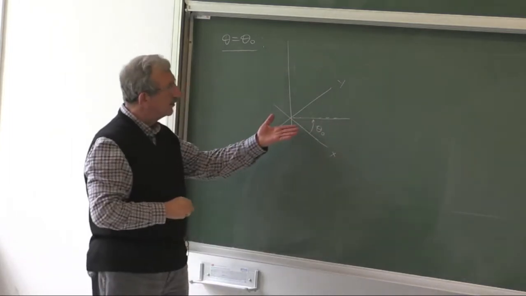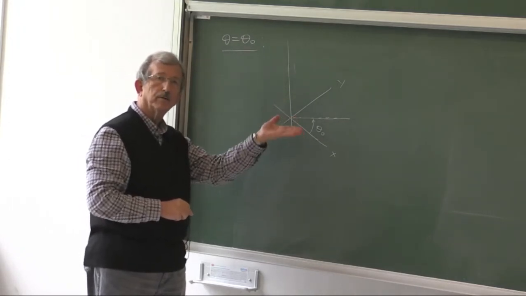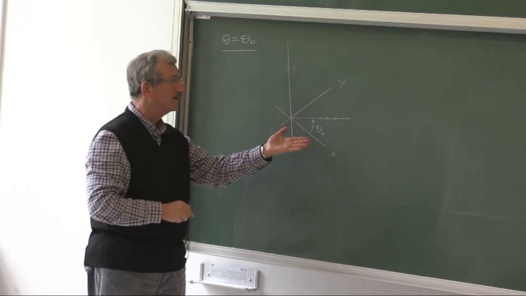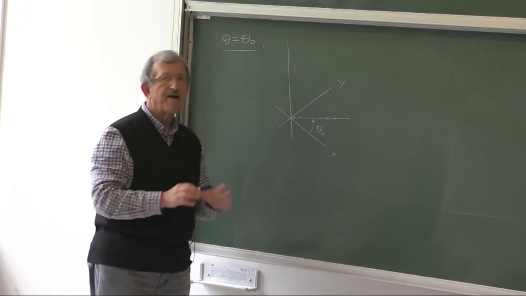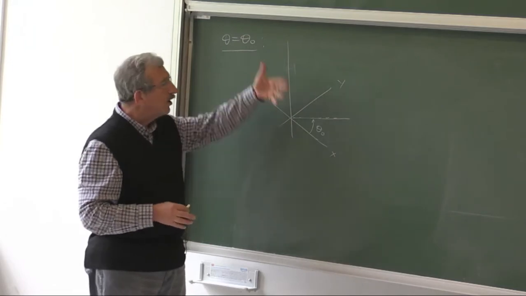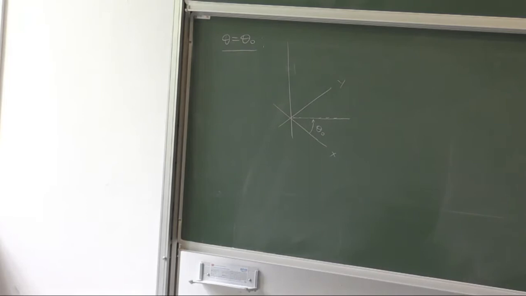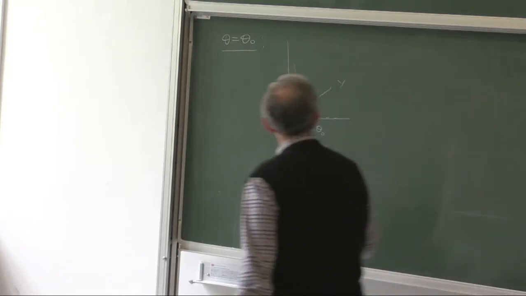But we can go up and down. Namely, the polar theta gave us such a half line. Now, z is arbitrary, so we can go up and down, which means that we end up with a half plane, which is something like this.